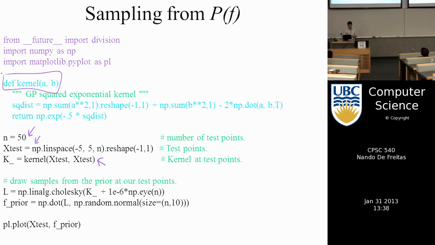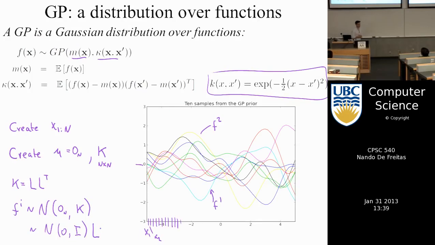I then compute the Cholesky decomposition here. And then this operation here is just a sampling, L times N(0, I). And I draw 10 samples. And then I plot them. And that plot is that plot. Okay? So that's where those functions come from.